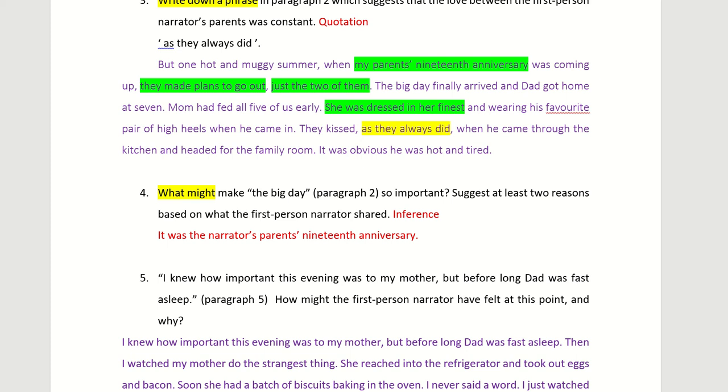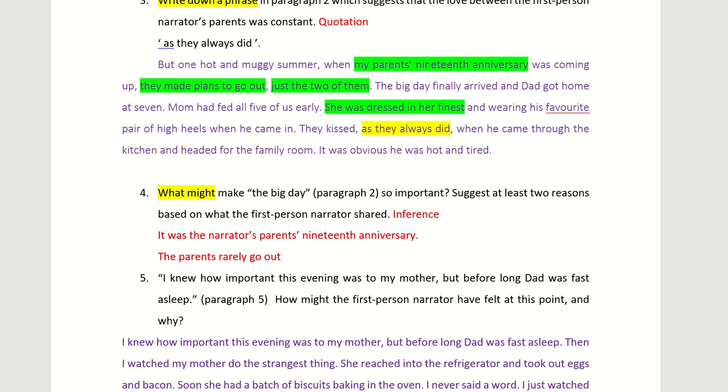So I would say that the parents rarely go out, because like you read earlier, the father was always working and he's tired.